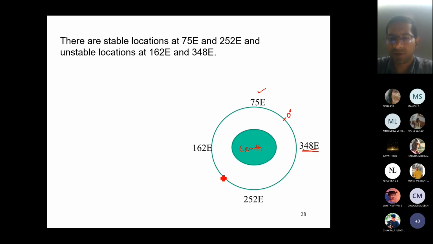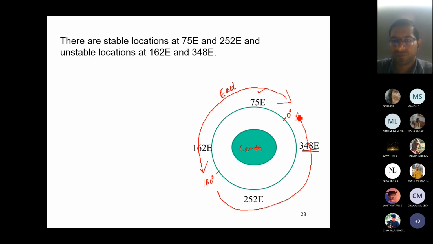So this particular point will represent 180°. So you may consider this as east longitudes. You may consider this as west longitude. So this is one kind of nomenclature you can follow.